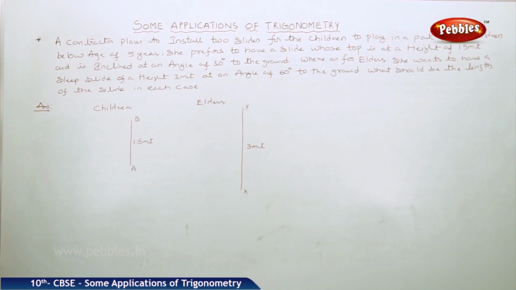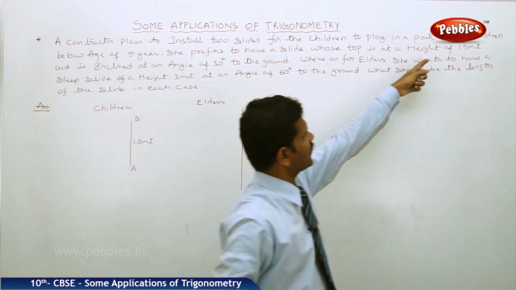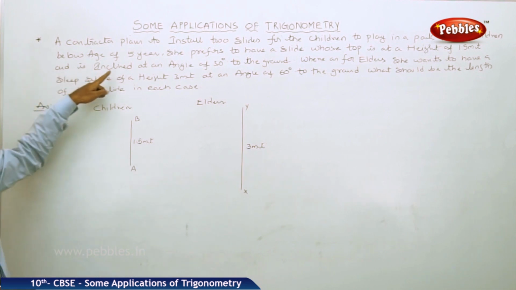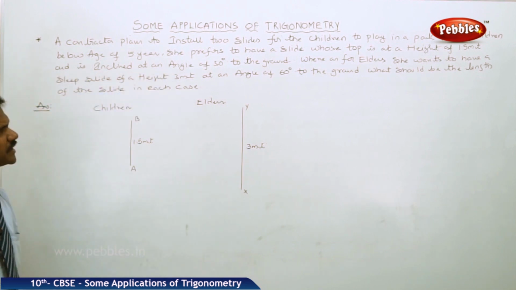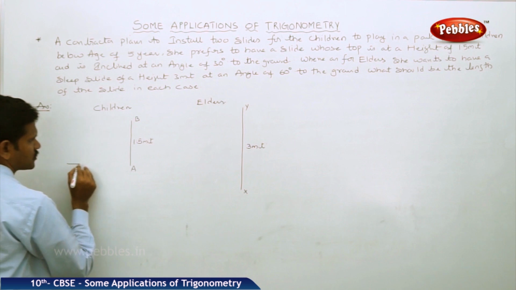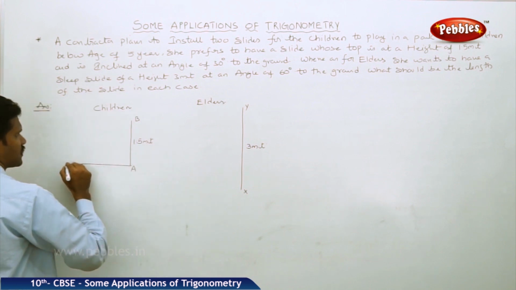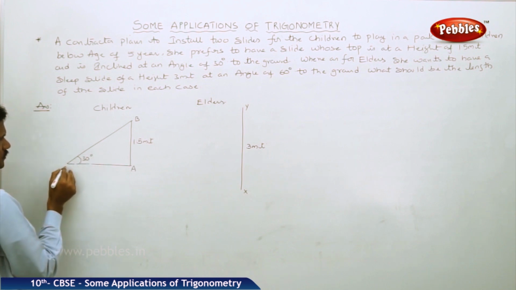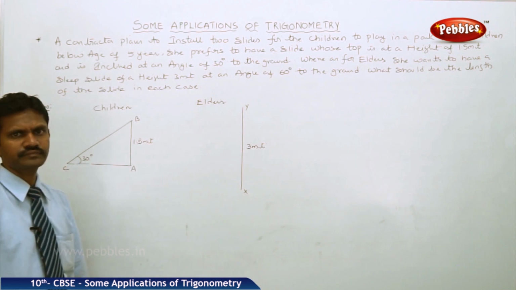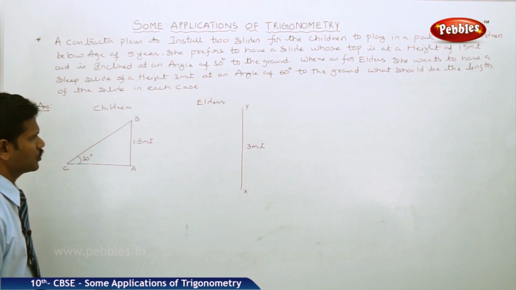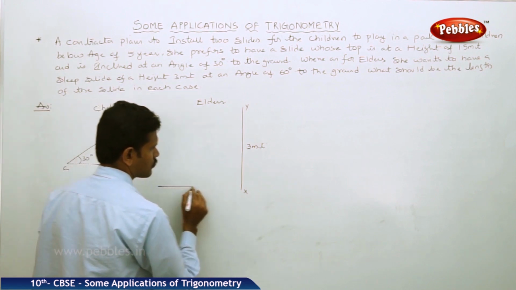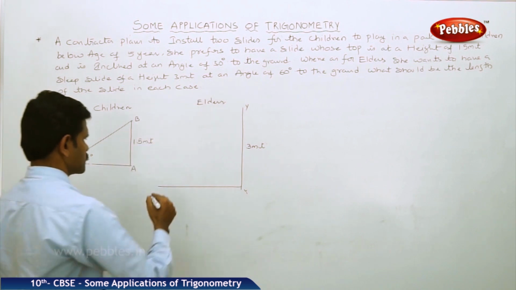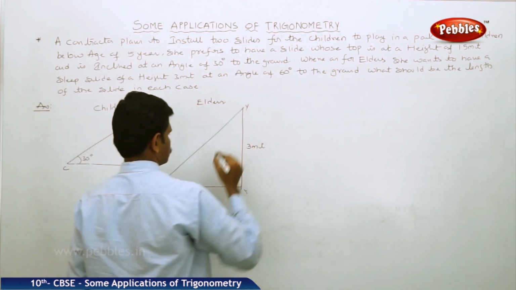Now, whose top is at a height of 1.5 meters and it is inclined at an angle of 30 degrees with the ground, that is, which makes an angle of 30 degrees with the ground. And at the same time, this makes an angle of 60 degrees with the ground.